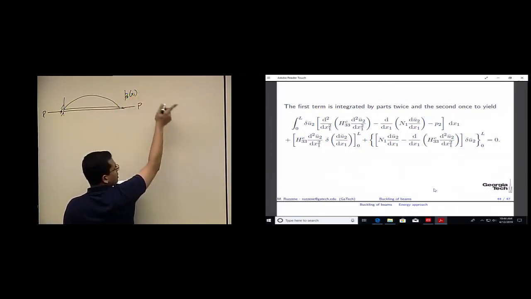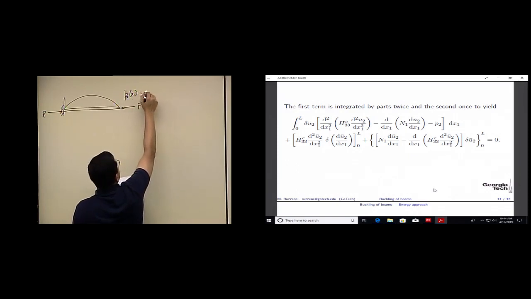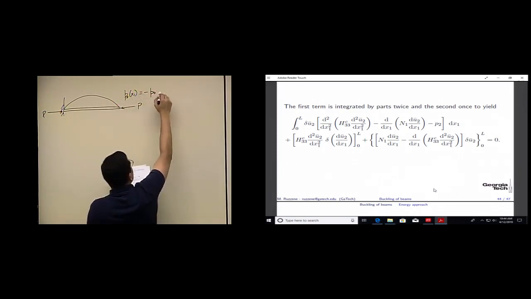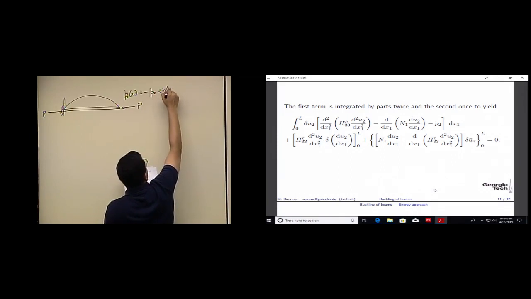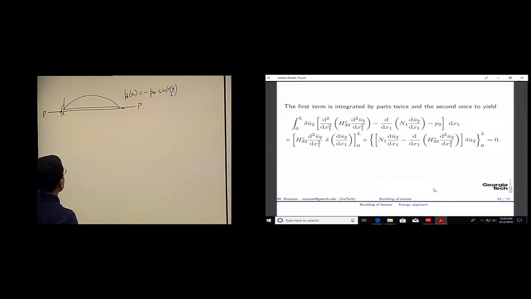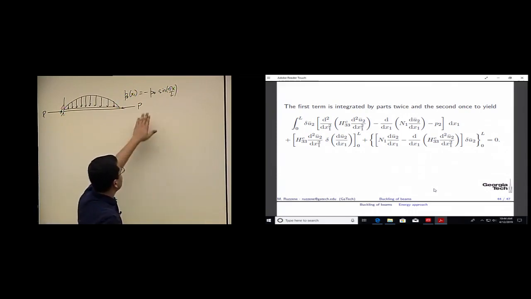So P2(x1) in our expression there is equal to minus P0 sine pi x over L. Okay, so this is essentially applied downwards, right, with a negative sign.